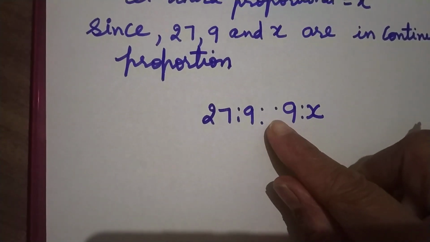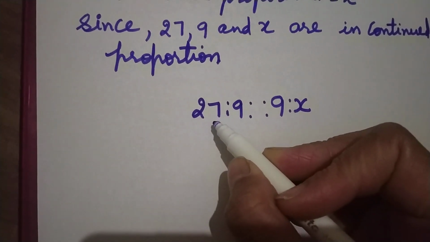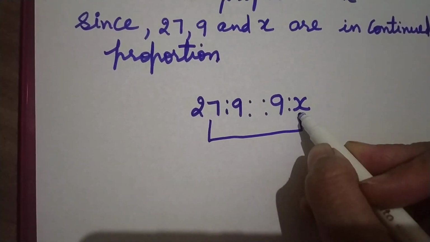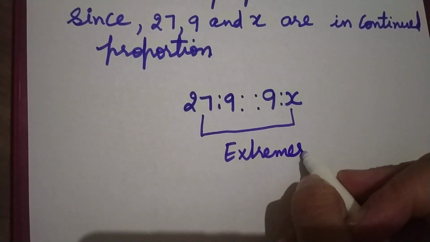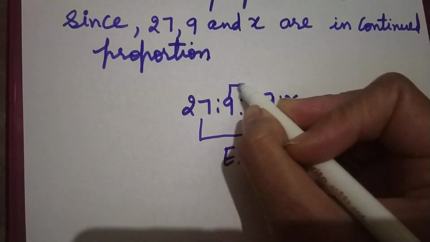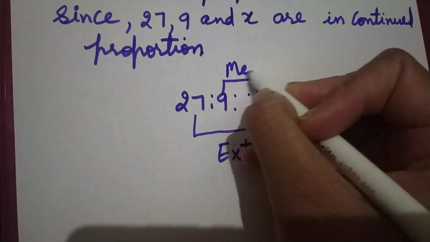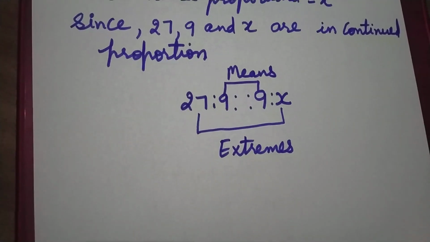Here 9 is a mean proportional, means the 9s are means, and 27 and x are extremes.